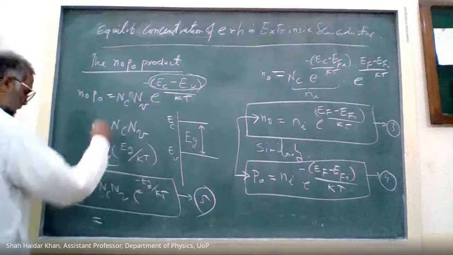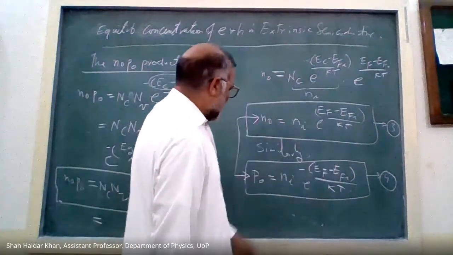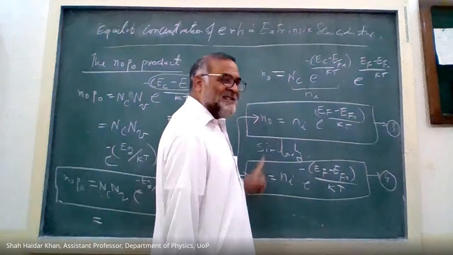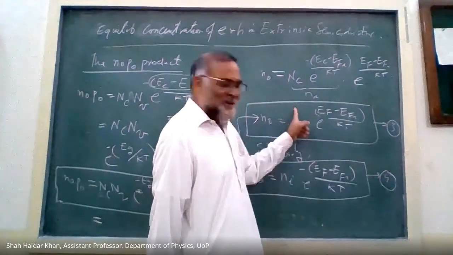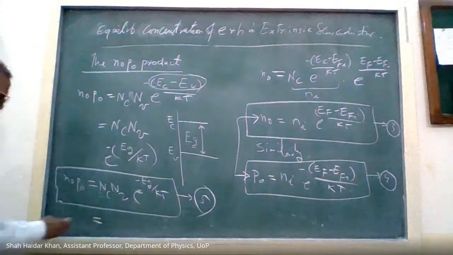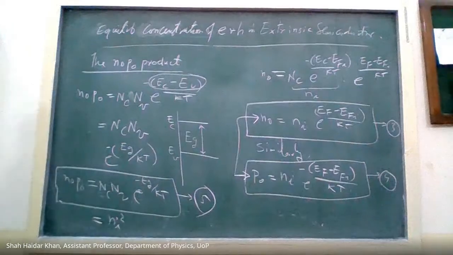When you go here, this was equal to Ni. Remember, you multiply N naught with P naught, this will go with this. Only you get Ni square. So this is also equal to Ni square.